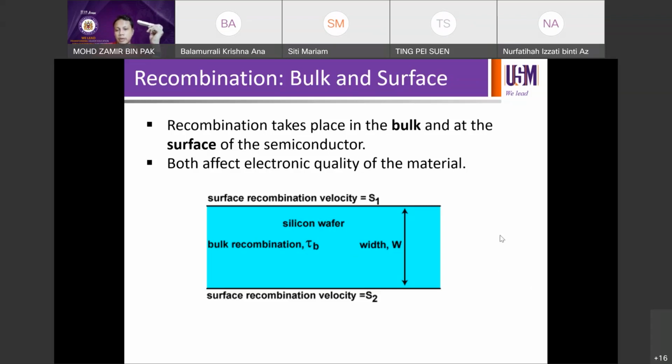Just like the way Bala explained, exactly. So if you imagine, your bulk is dependent on the W, and as you go down, your surface remains the same. So if I slice silicon, say 1/10 or 1/20th of the original thickness, your bulk recombination reduces significantly because of the effect of the W. While the surfaces, top and bottom, remain the same.